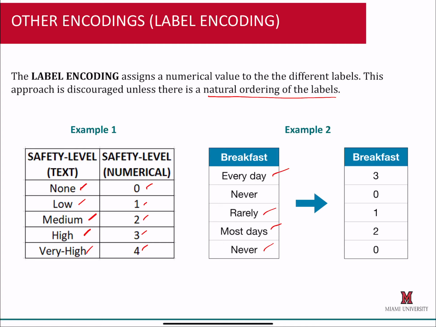Again, we talked a little bit about that before, but model degrees of freedom is sort of a proxy for model complexity. So actually, a numerical variable brings in less complexity than a categorical variable. So sometimes, if there is some sort of natural ordering on the labels, we can actually use this label encoding.